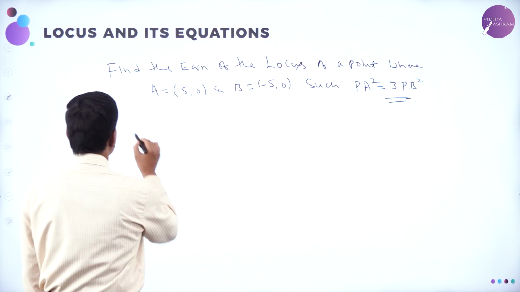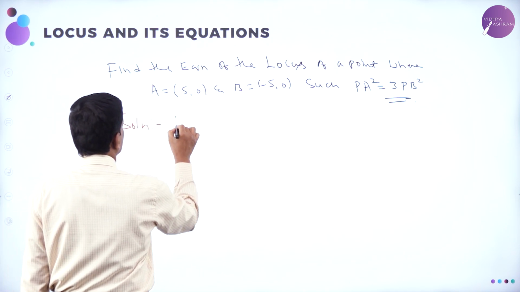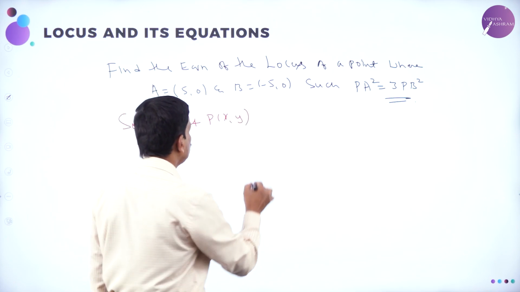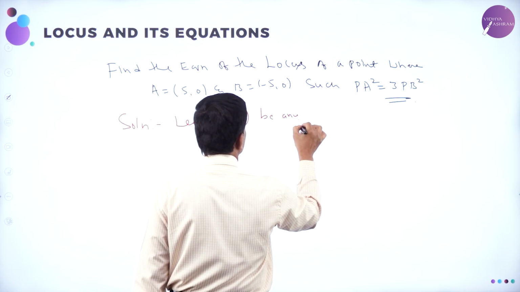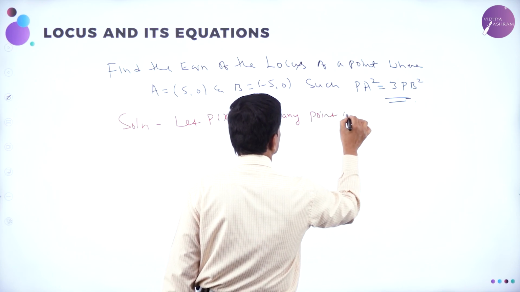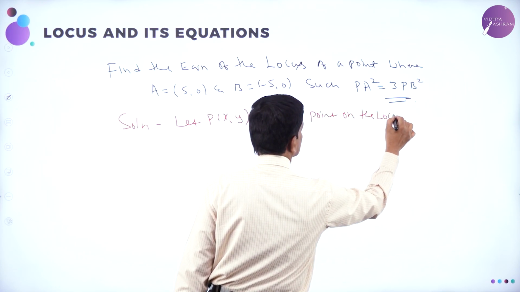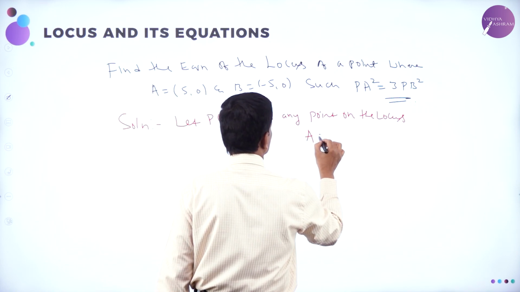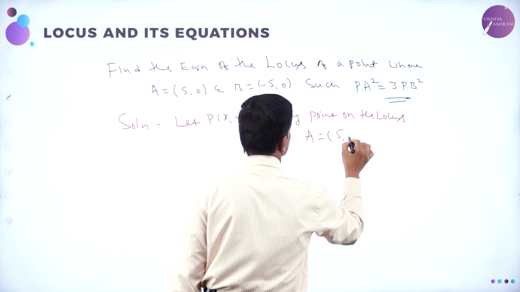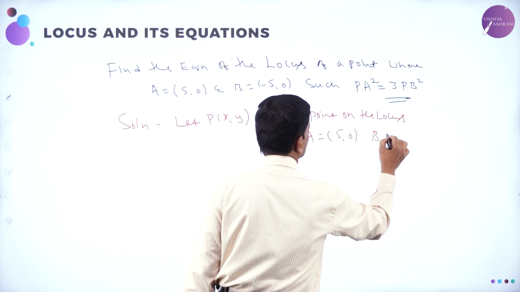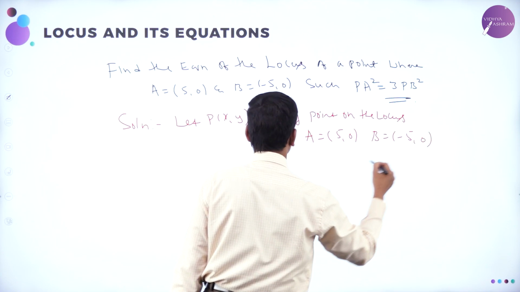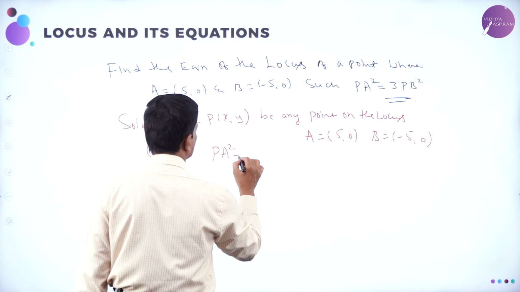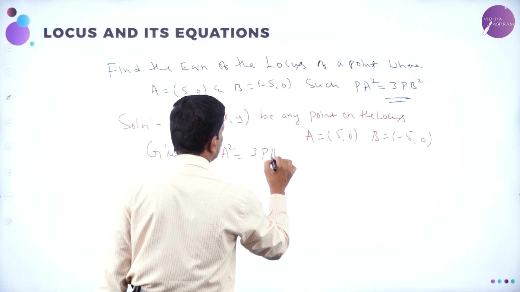Very simple concept. What is given here? Let P(x, y) be any point on the locus. Given that A is (5, 0) and B is (−5, 0). The given condition is PA² = 3 PB².